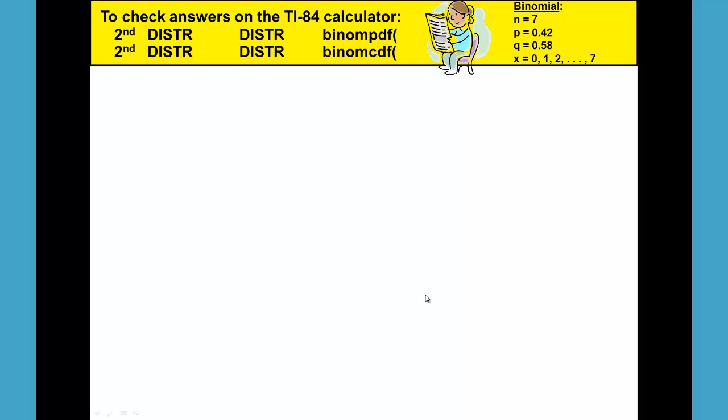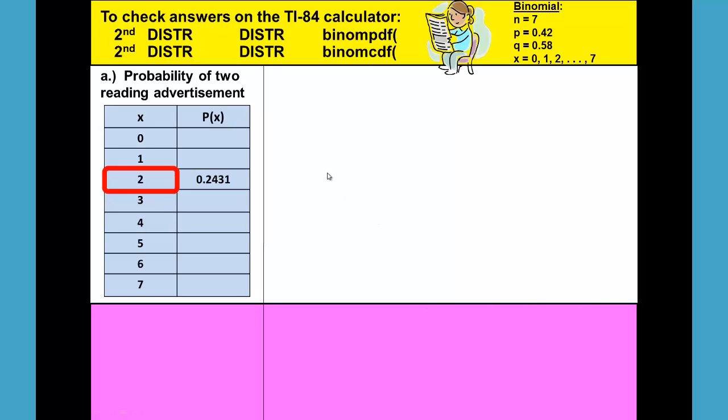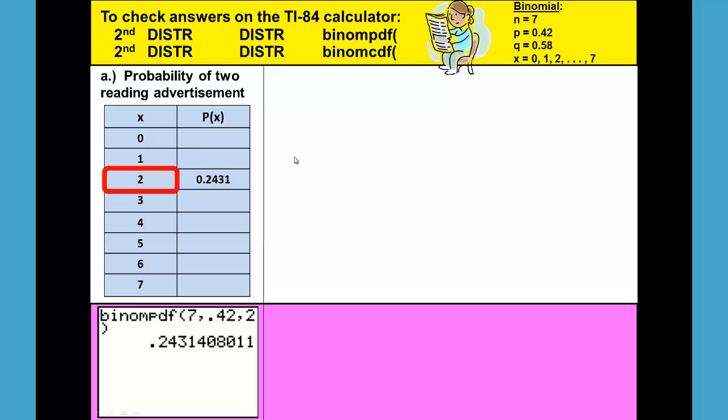Let's look quickly at how to check your answers on the TI-84 calculator using the distribution command. The probability of 2 reading the advertisement, we got an answer of 0.2431.